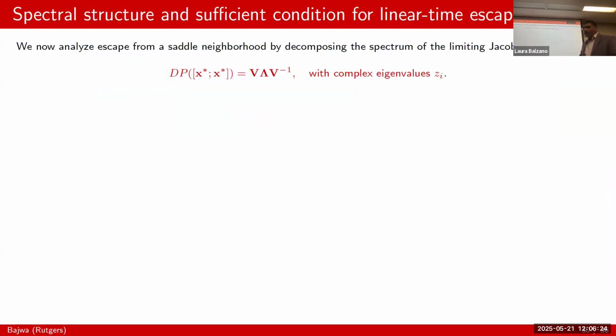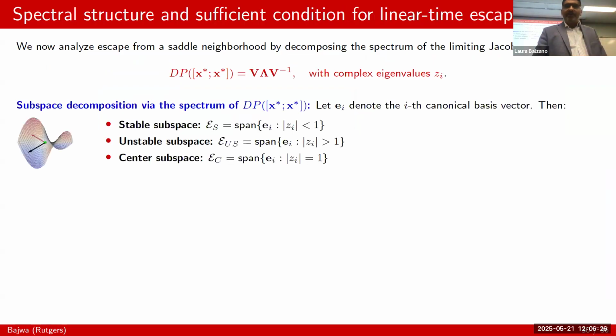And so what we do is, first of all, the question of stable, unstable, and so on corresponds to the eigenvalues of this limiting Jacobian. Okay? So the stable subspace corresponds to the eigenvalues of this limiting Jacobian which are less than 1. Here I'm going to include the center subspace, where the absolute value is 1. And the unstable is, which gives me repulsive dynamics, the eigenvalues z_i whose absolute value is greater than 1.